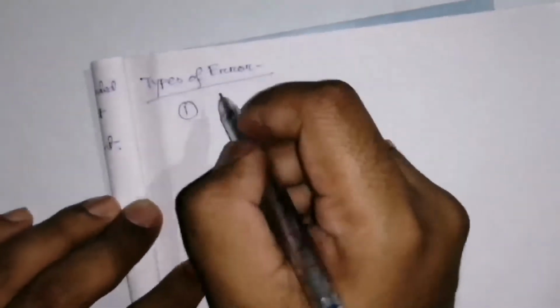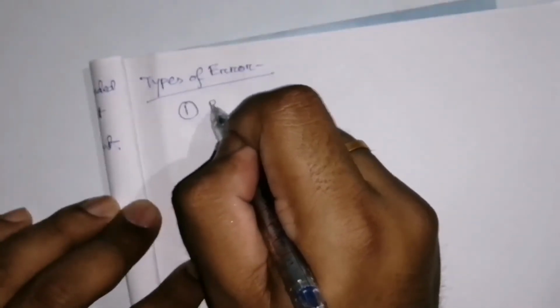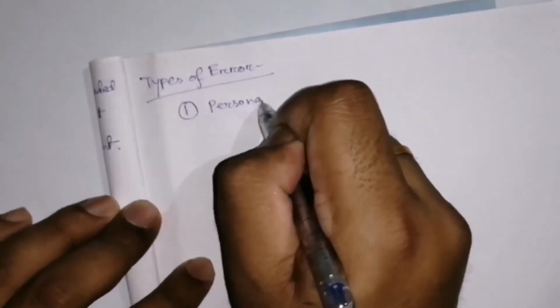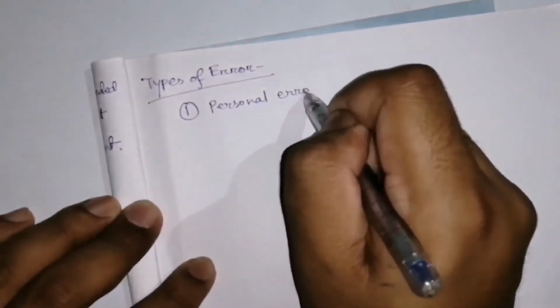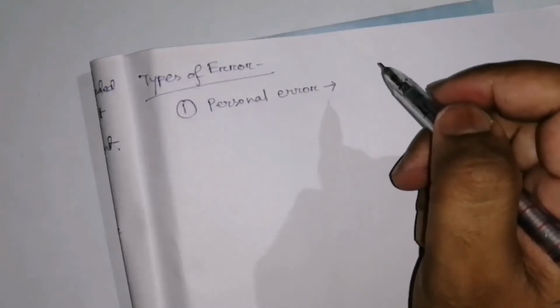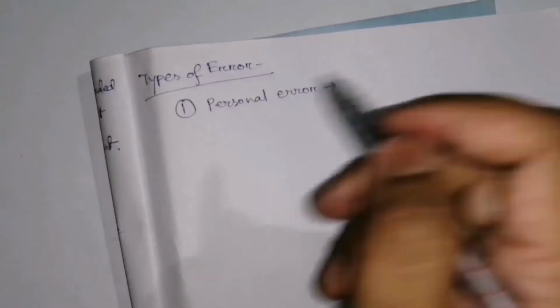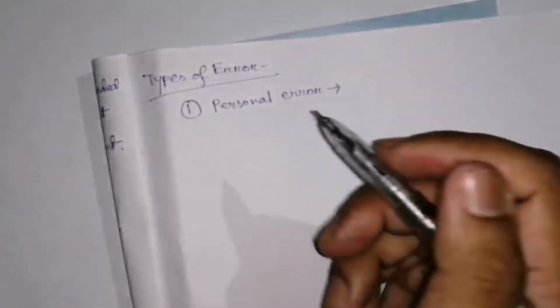Then next we come to the types of error. Errors are basically of three types. First is personal error, which is nothing but the error that arises due to the mistakes done by the observer.